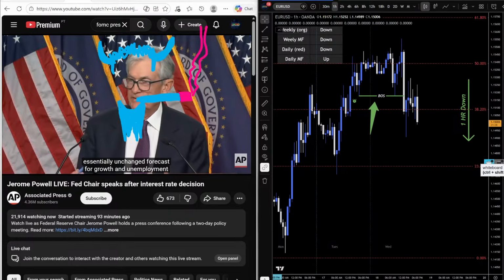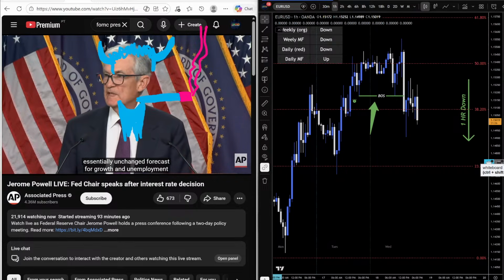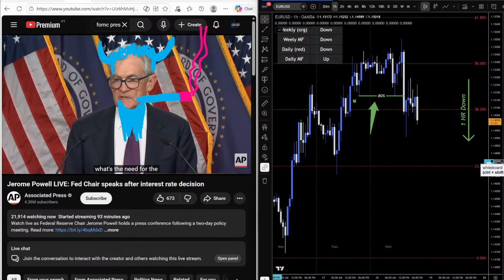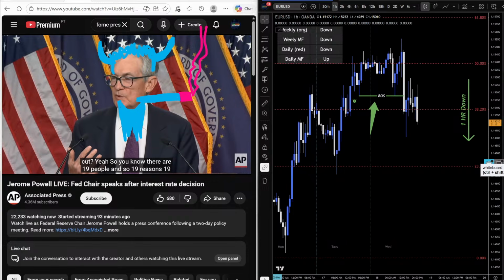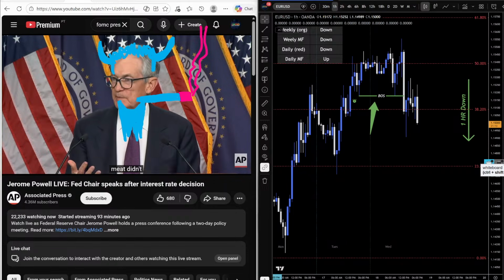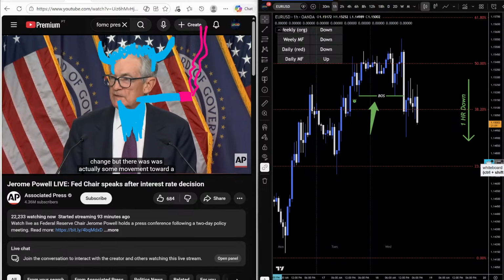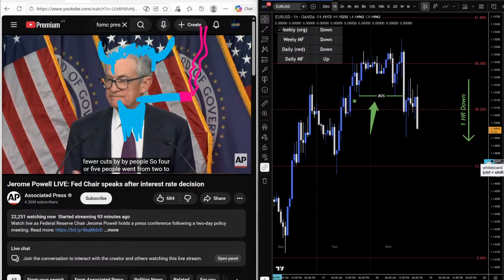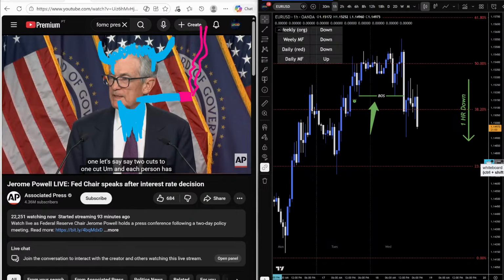Yeah, so there are 19 people, and so 19 reasons, 19 individual submissions. And if you notice, the median didn't change, but there was actually a meaningful amount of movement toward fewer cuts by people. So 4 or 5 people went from 2 cuts to 1 cut. Each person has individual stories behind what they want to do.